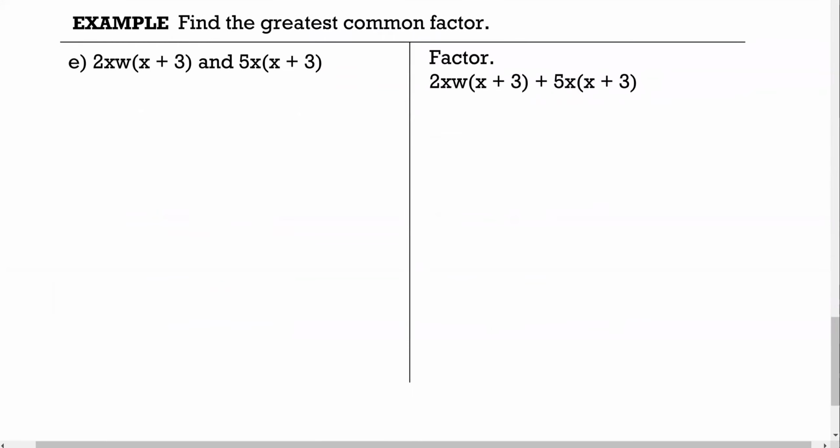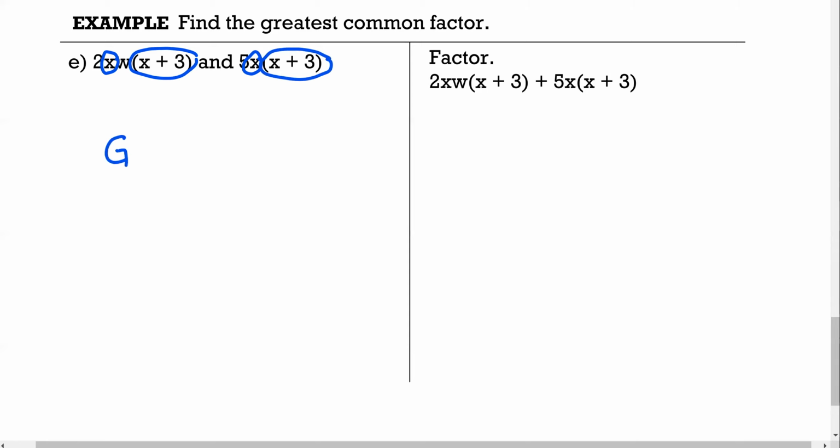All right, so I like this example because it just allows us to pause and not be so automatic. So we have here 2xw times the quantity x plus 3 and 5x times the quantity x plus 3. So you might be tempted to say the GCF is just the quantity x plus 3, but be careful because there's more than that. You have a common factor of x and the x plus 3.